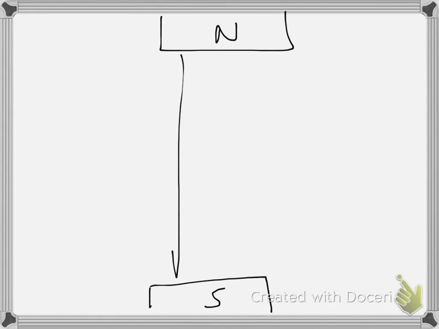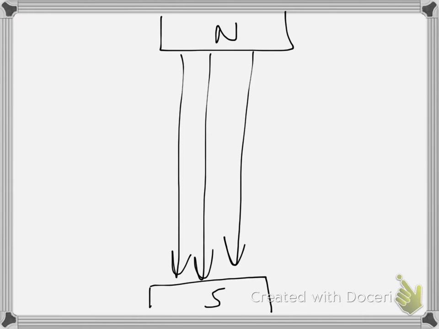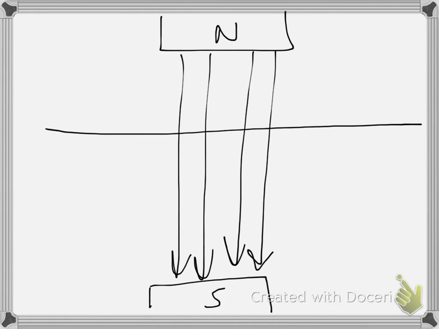Okay. Now, what if we have the same situation? Let's remake our bar magnet here, and we have our magnetic field in the middle, pointing from north to south. What if instead of having an individual charge run through here, I had a current carrying wire? How would this be deflected?